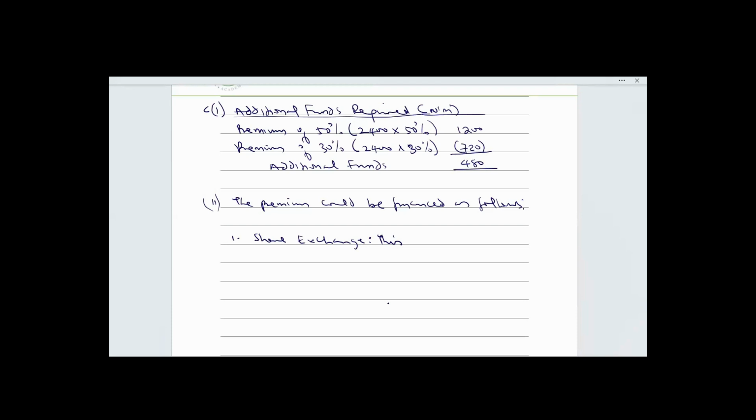Possibly their limitation. When you finance through share exchange, it may result in dilution of EPS and of shareholders' proportionate holdings. What do I mean by that? Let me write it out first.